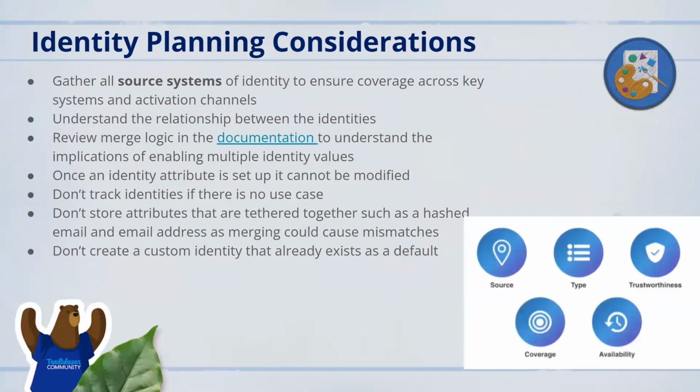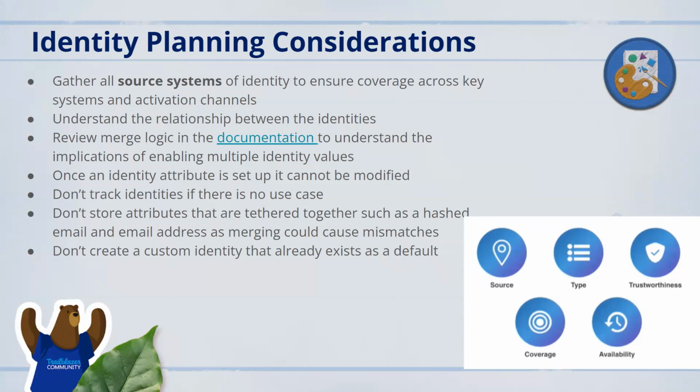In your discovery, it's important to plan for your identity system. The first thing you need to really think through are the sources. What activation channels are you looking to enable? Is it to collect and activate on the web, in email, or even bring offline data in?